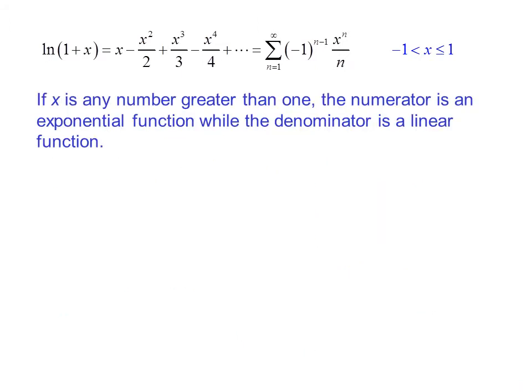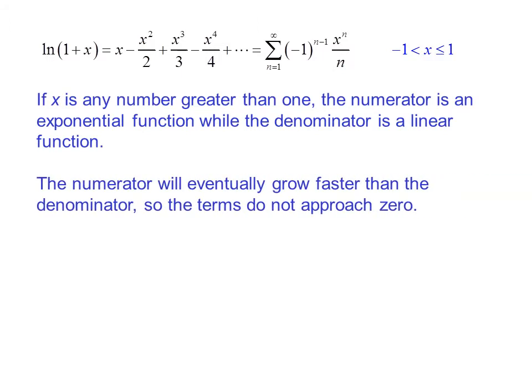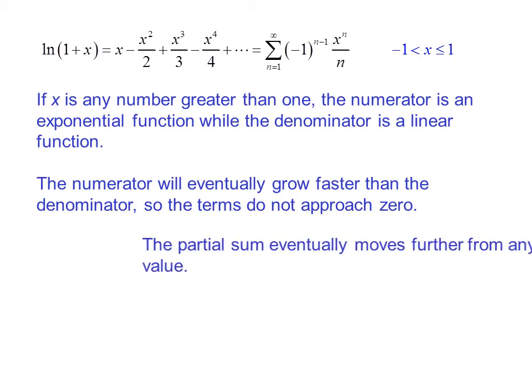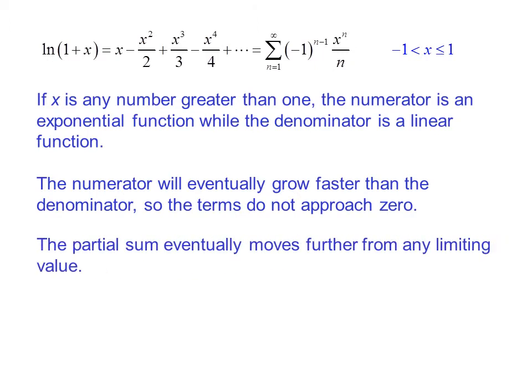If x is any number greater than 1, the numerator is an exponential function while the denominator is a linear function. The numerator will eventually grow faster than the denominator, so the terms do not approach 0. The partial sum eventually moves further from any limiting value.